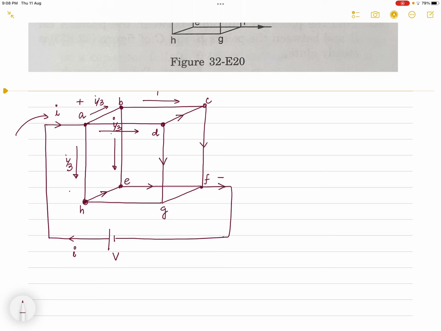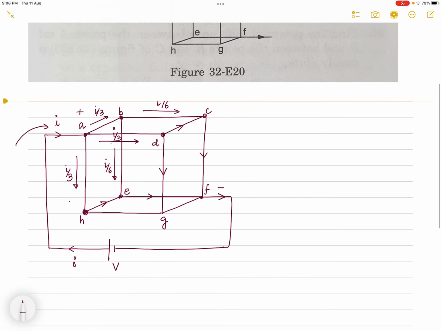So from B to C we will have I by 6, and from B to E also we will have I by 6, and the same thing will happen at all the other points where the current I by 3 is reaching, that is the junction D. At the junction D, a current I by 6 will flow from D to C, and a current I by 6 will flow from D to G. And the same thing will happen at the junction H also. From H, I by 6 will flow from H to E, and I by 6 will flow from H to G.